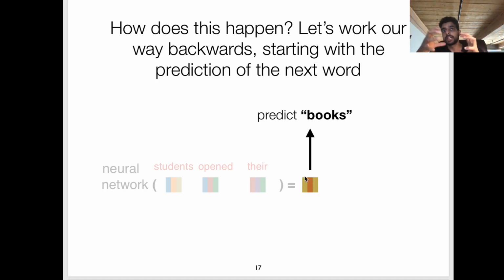It's all been squashed together into this low-dimensional, real-valued vector by this neural network function. So let's ignore that neural network component for the moment and just look at how we can go from one of these vectors to an actual prediction of a word.